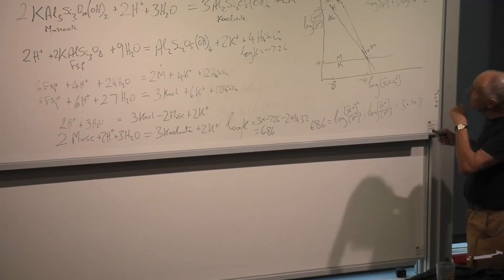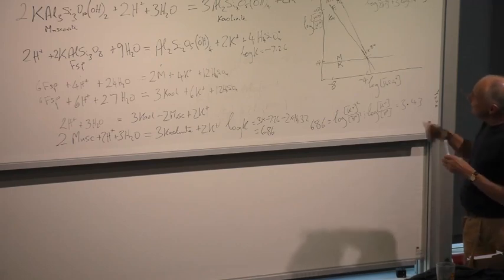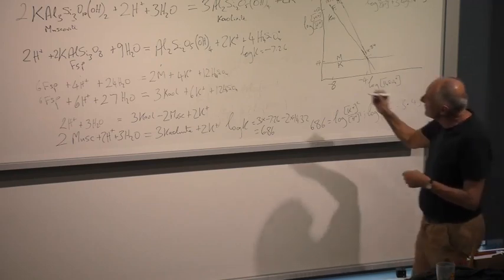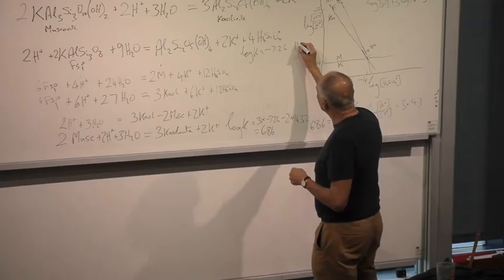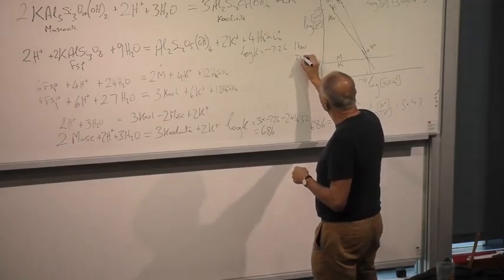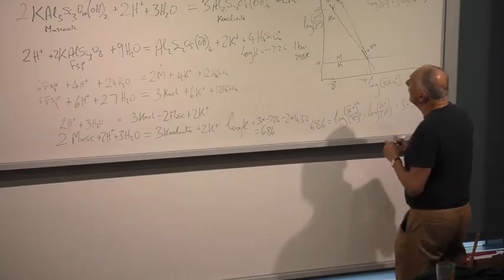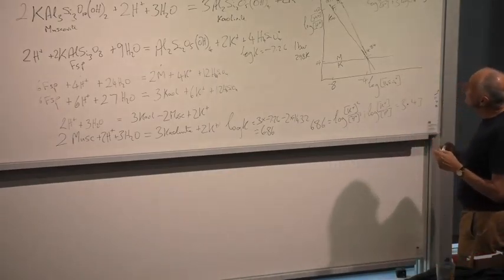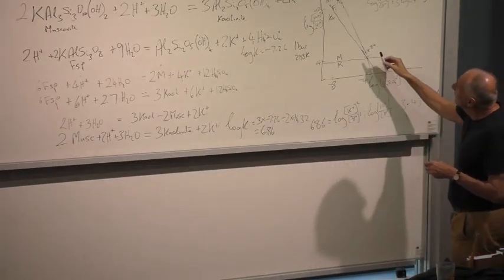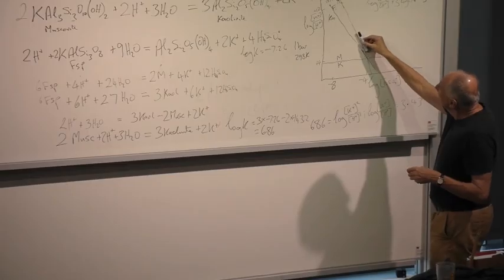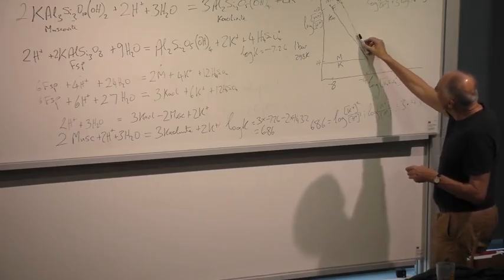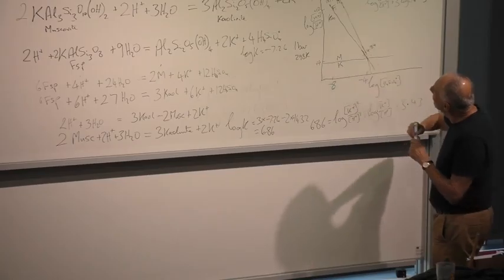Remembering, this is at fixed temperature and pressure, so this is at 1 bar and 298 degrees K. And what we can see is that feldspar breaks down to muscovite everywhere to the left of that line.